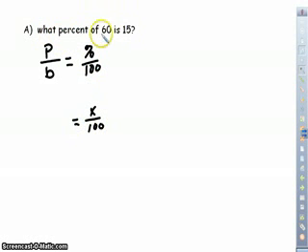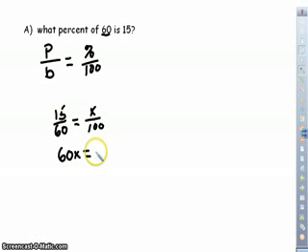Now we're trying to determine what's the base, what is the part. As I said earlier, the base is going to be your larger number, 60, and your part is going to be 15. So now we can cross multiply, and we get 60x equals 15 times 100, which is 1500.